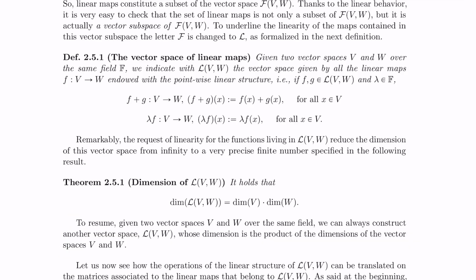Whenever you have two vector spaces over the same field, you can construct a third vector space, that is, the vector space of all the linear maps between the two vector spaces.